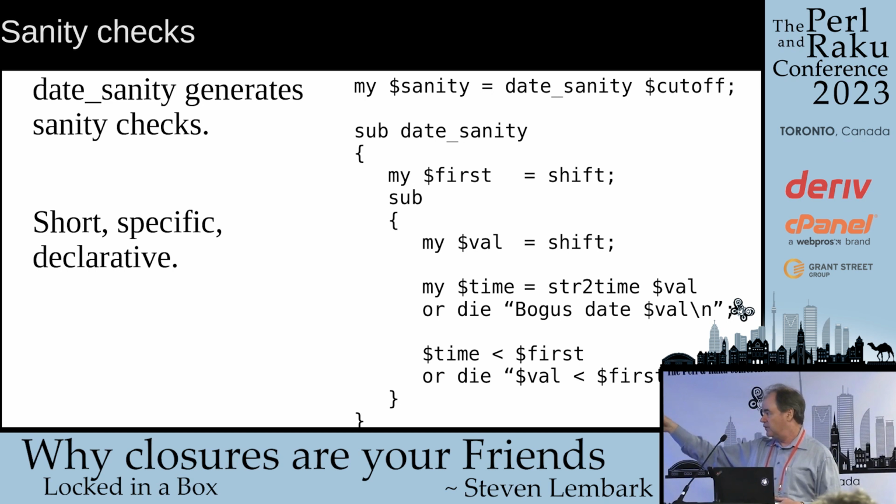Now that cutoff could have come from DBI, it could have come from time, it could have come from anything. There could be 15 checks in here for before and after and round it to the nearest minute. I don't care. But all the sanity checks are available to you here, but they're specific to the date check. There's no boilerplate in here.